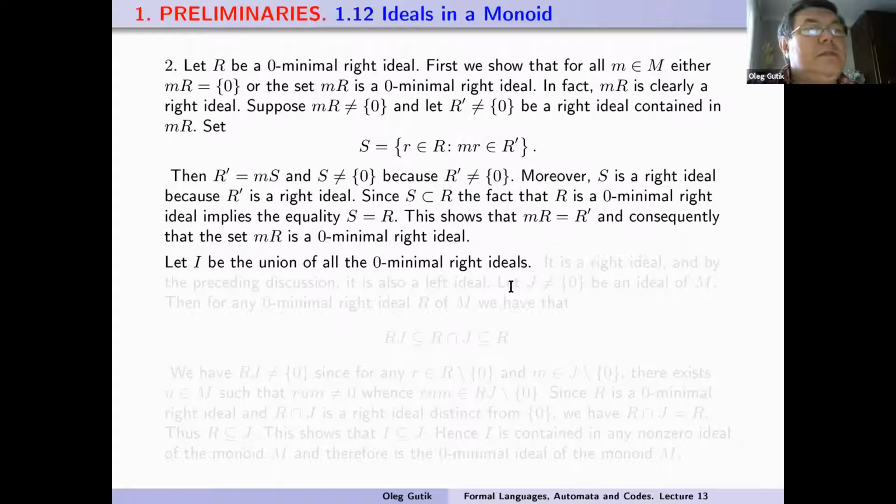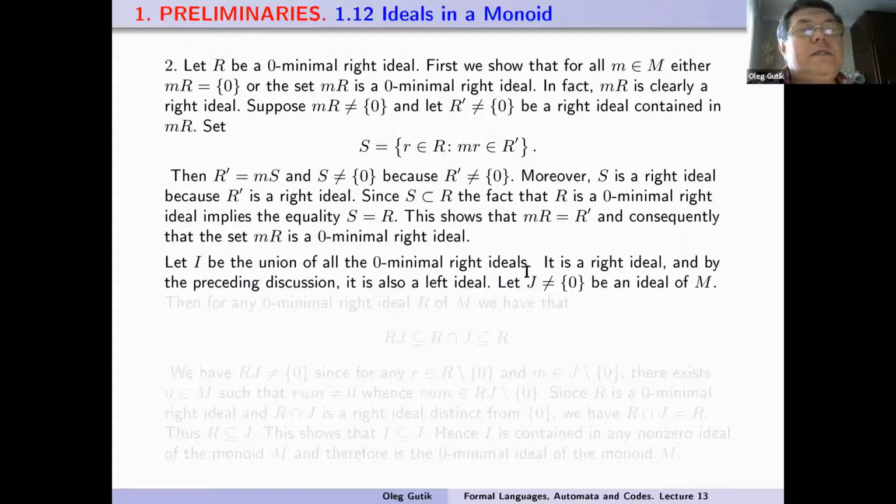Let I capital be the union of all zero minimal right ideals. It is a right ideal, and by the preceding discussion, it is also a left ideal. Let J capital, not equal to 0, be an ideal of M capital. Then for any zero minimal right ideal R capital of the monoid M capital, we have that R capital multiplied by J capital is a subset of the intersection of R capital with J capital, and this is a subset of R capital.